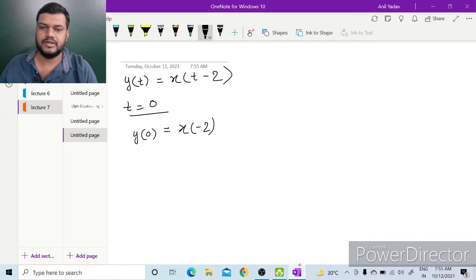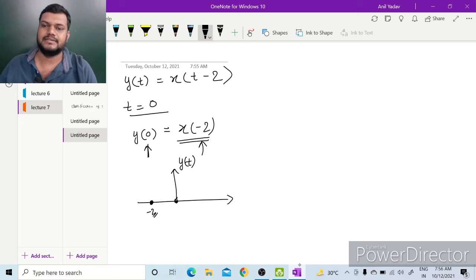So output at time 0 is depending upon input at time minus 2. Means it is depending on the past value of input, as input will be coming at minus 2, minus 1, 0. So output here is depending on past values of input.